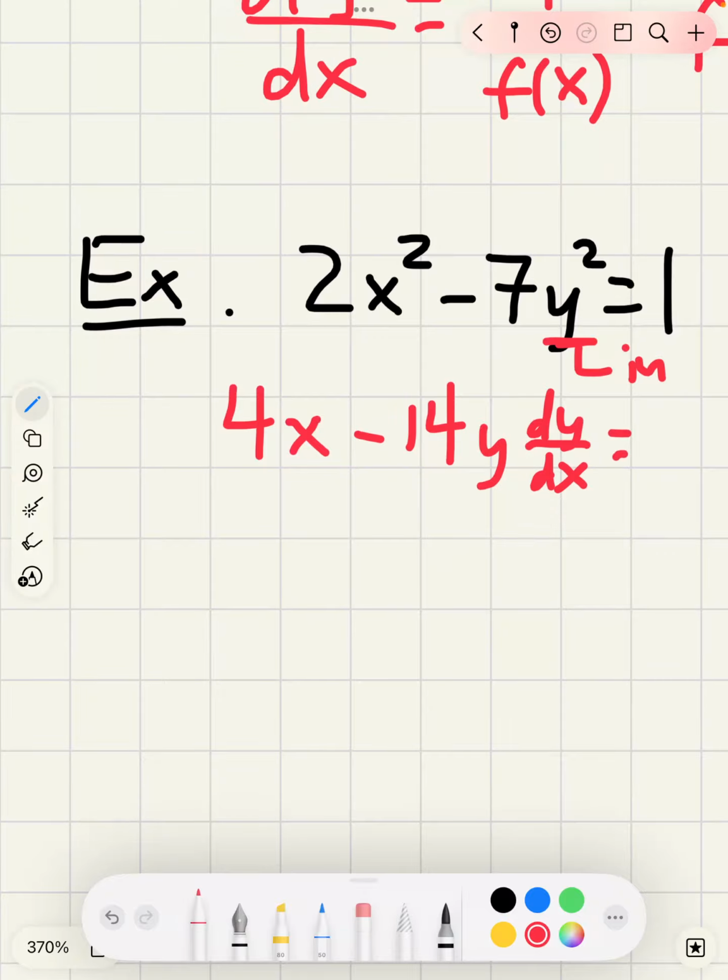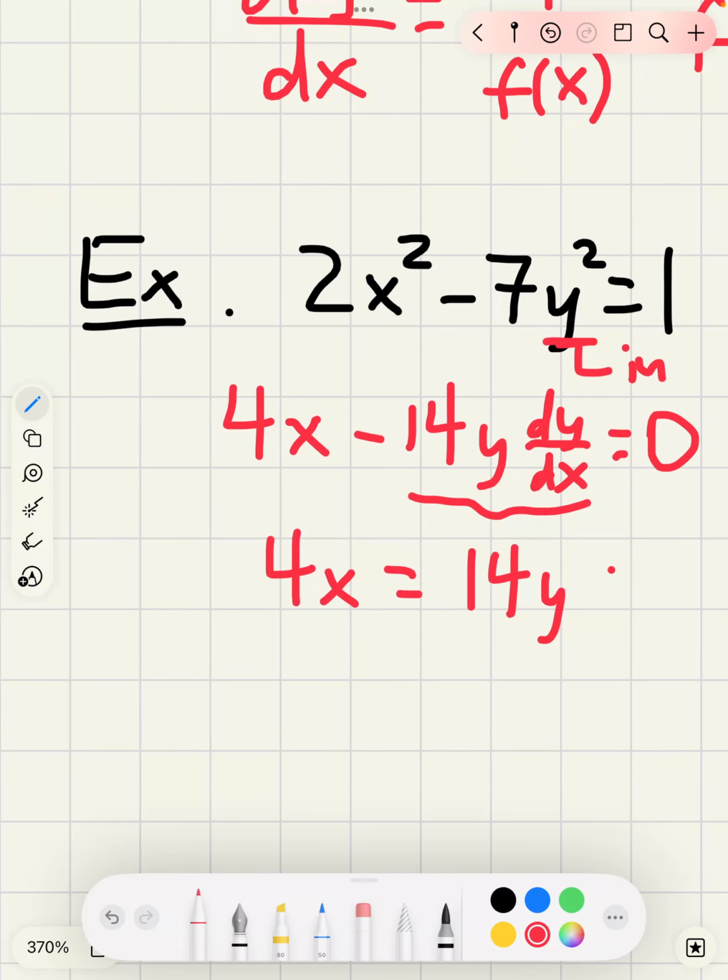So at this point, all I'm going to do is use a little bit of algebra to solve for dy dx. So if I add 14y dy dx to both sides, I end up getting 4x equals 14y dy dx. All right, then if I want to isolate dy dx, which I do because this is what I'm trying to solve for, I'm going to divide both sides by 14y.